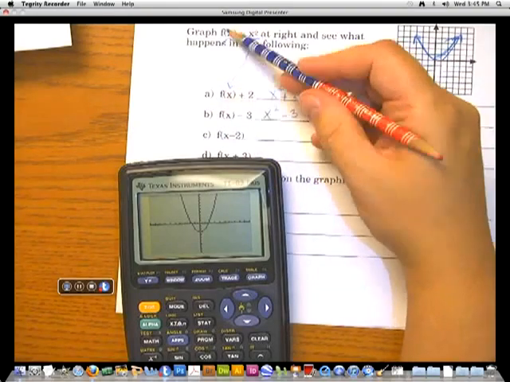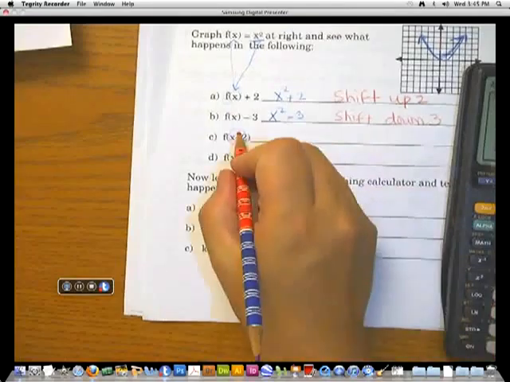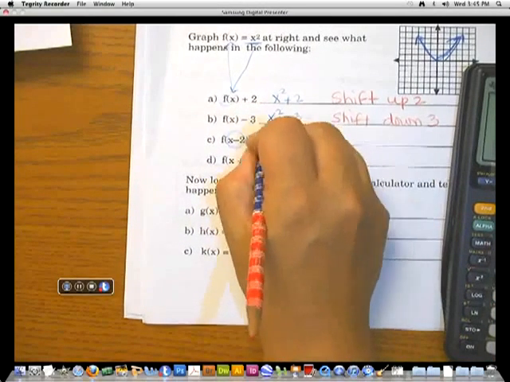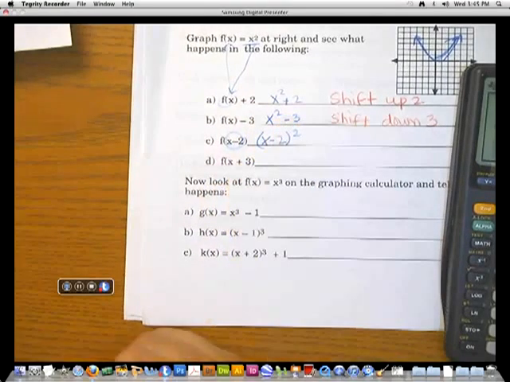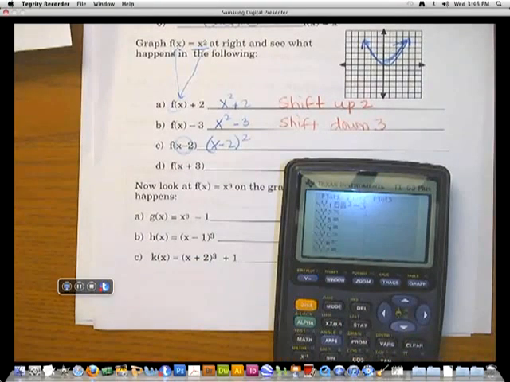Alright, on this next one, it says I'm going to plug in the x minus 2. Remember, this is all substitution. So I have my x minus 2 into is going to be squared. And if I look at that picture, parenthesis, x minus 2 parenthesis squared, look at the graph.